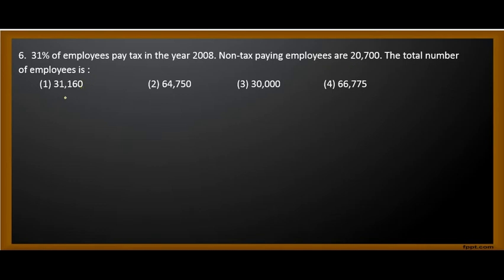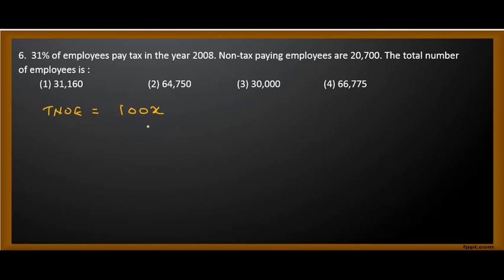Now whenever you are solving percentage questions, take the unknown variable as 100 or multiples of 100. Why? Because percent means per 100. So let us assume total number of employees equivalent to 100x. You will see how simple the answer will become.